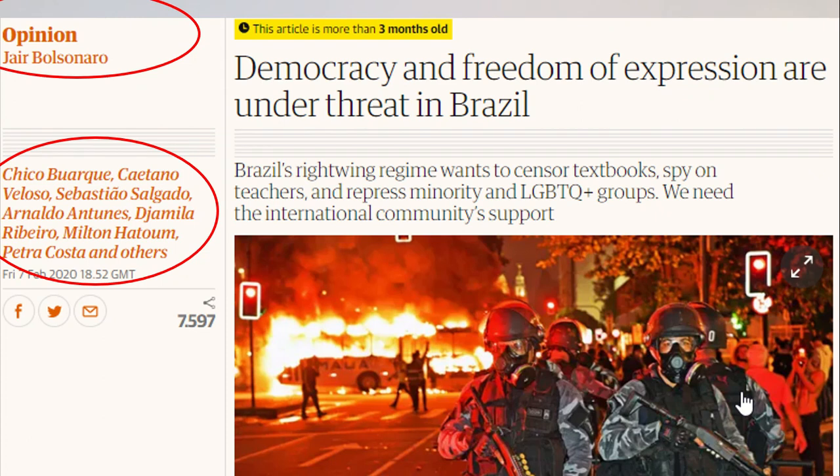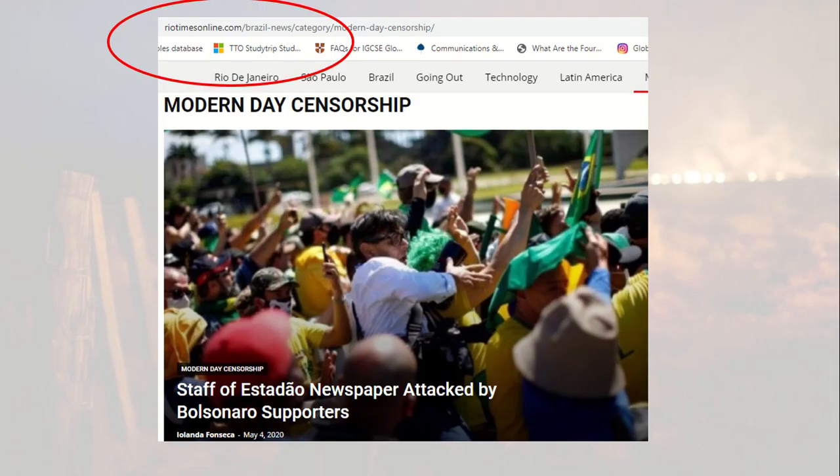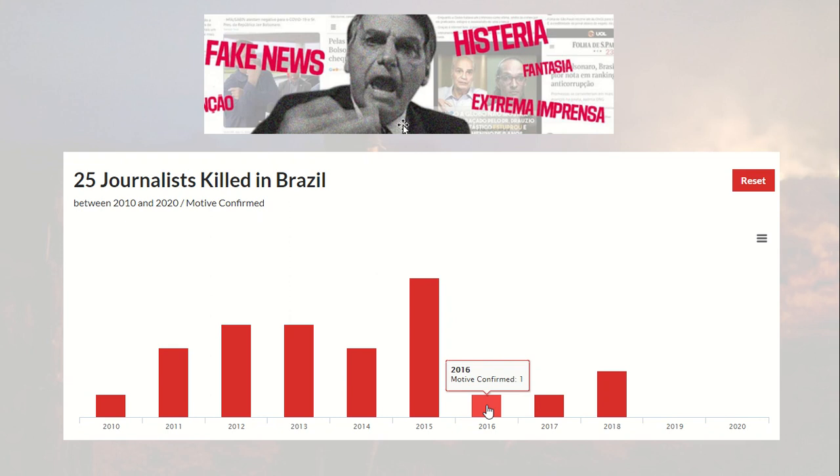Can we trust them? Yes or no? RioTimesOnline.com say that newspaper journalists were attacked by Bolsonaro supporters. But again, is it really the case, or is it just hysteria, fake news, fantasy?